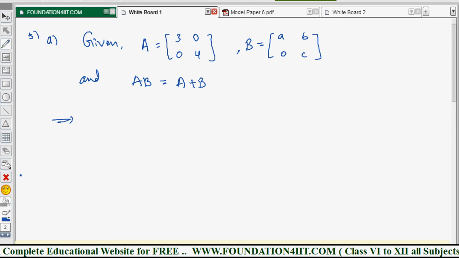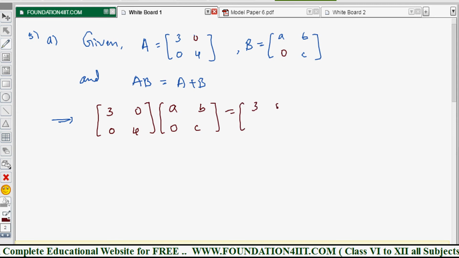Matrix A into B: the matrix A is 3 0 0 4 into matrix B, which is A B 0 C. And that equals the sum of both matrices, 3 0 0 4 plus A B 0 C.